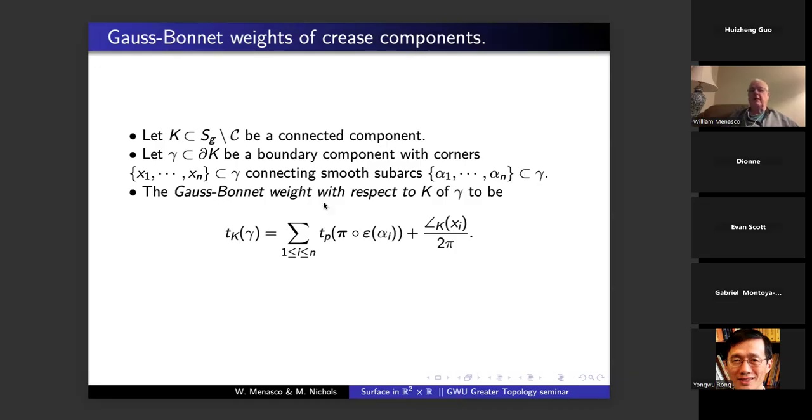And for the Gauss-Bonnet weight for k along this gamma, you'd go back to the way I just showed you to calculate those external angles. It's that partial corner turning angle number over 2 pi. And then for each one of the smooth curves here, you calculate the partial angle of the turning number. All right.